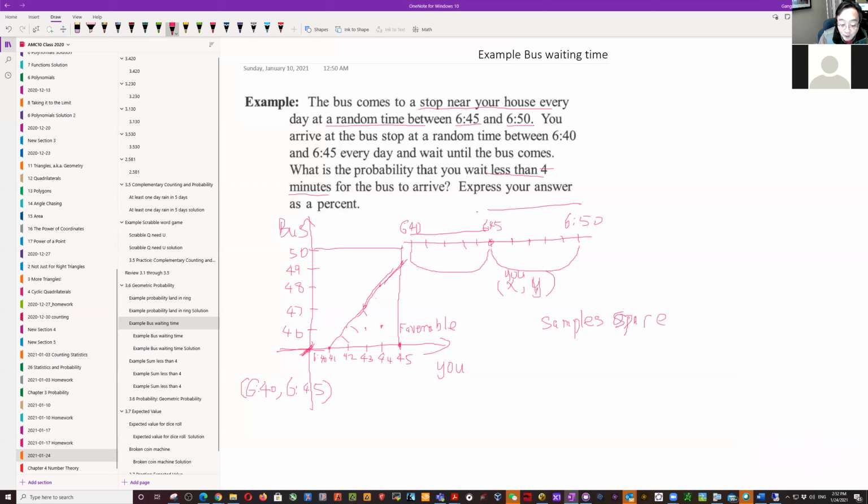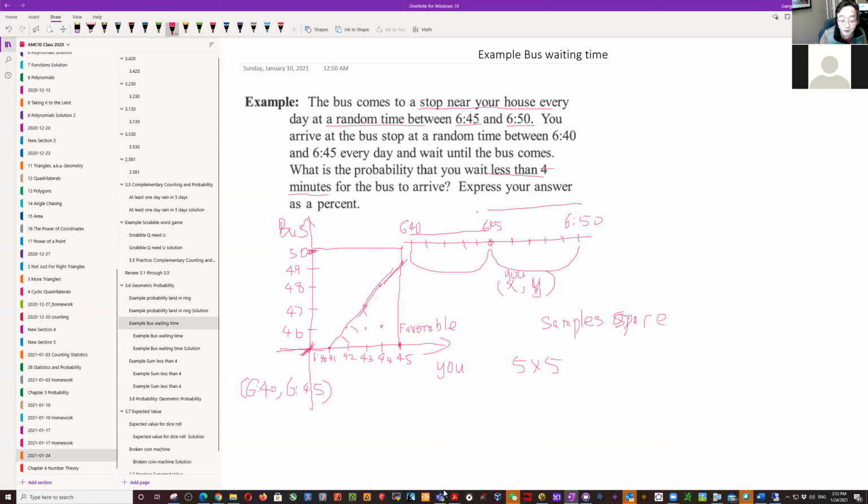So it's a 5x5 area, which encompasses all the possible arrival times of you and the bus, and also contains all the possible waiting times. Here is almost 0, and here it's almost 10 minutes. So if we put the time around here, you arrive at 6:40 and the bus arrives at 6:50. So it's also almost waiting for 10 minutes.